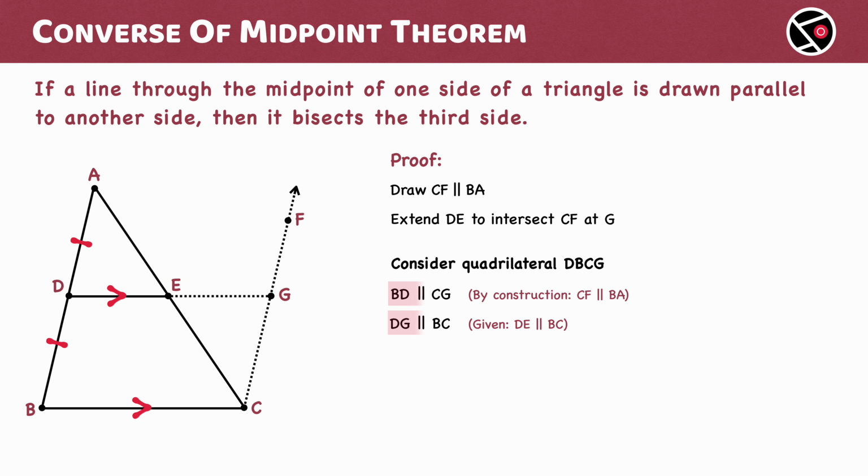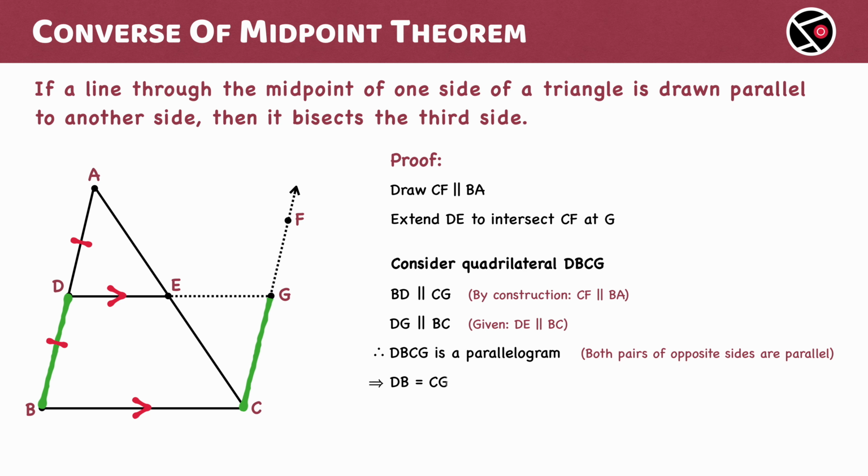Both pairs of opposite sides are parallel. What does it mean? Quadrilateral DBCG is a parallelogram. Now, in a parallelogram, the opposite sides are equal. This means DB equals CG.